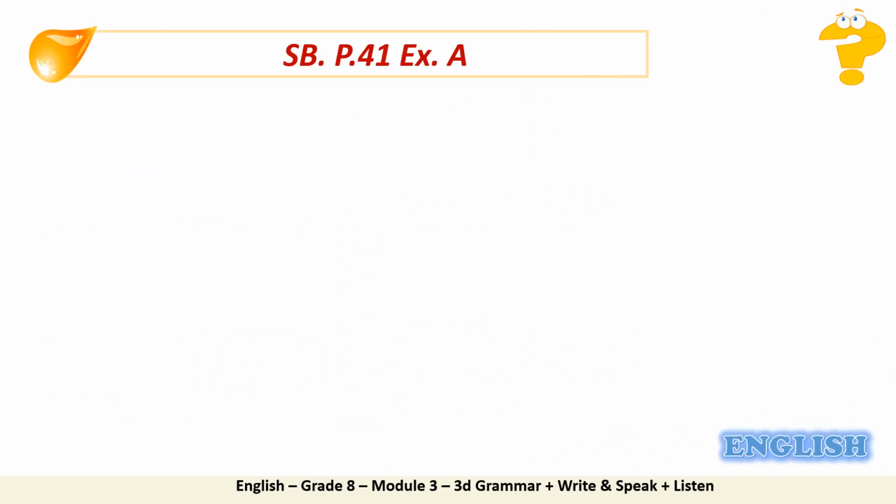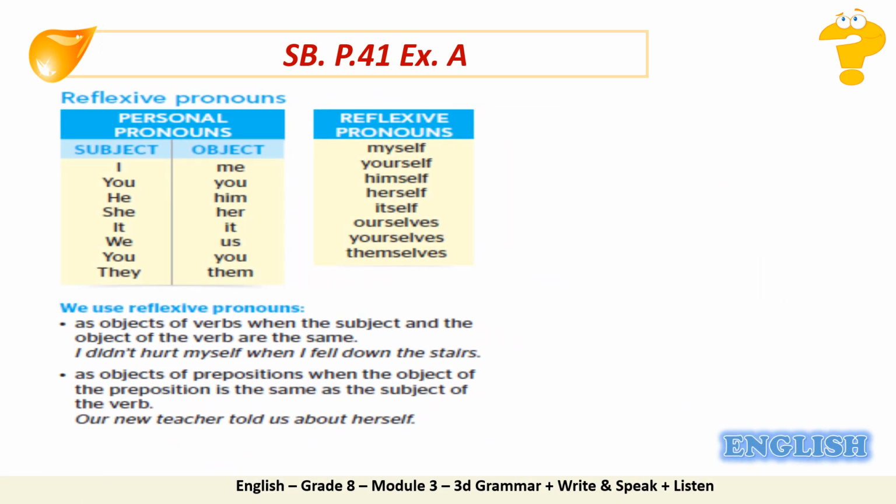Now let's have a look at the reflexive pronouns and what a reflexive pronoun is. Guys, you know that we've got different groups of pronouns. We've got subject pronouns such as I, you, he, she, it, we, you, they. Object pronouns: me, you, him, her, it, us, you, them. When you refer to one of these pronouns, you say myself, like if I say I, me, myself.